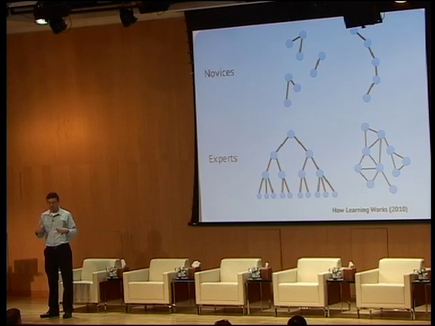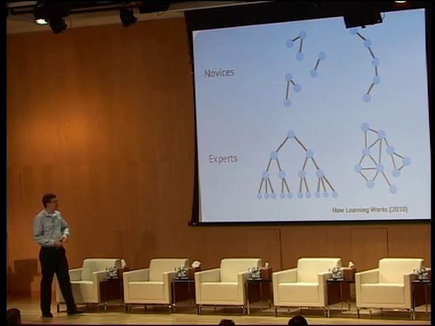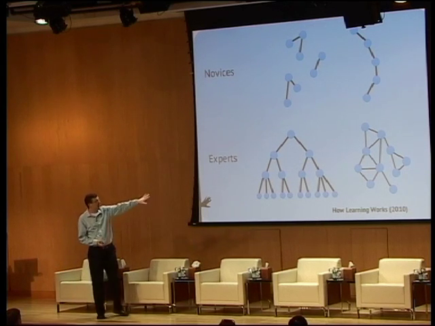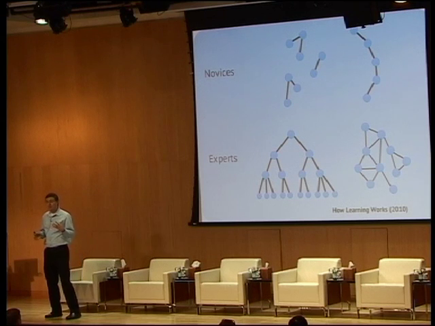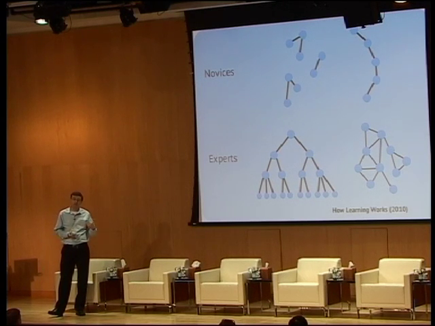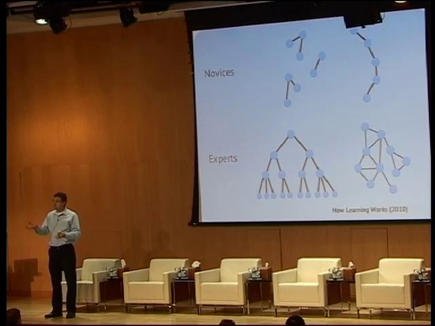Experts, on the other hand, have very well connected mental models. It may be a very hierarchical model. It may not be. But they see ideas and connections among lots of things in the domain. And this is really what drives a lot of adaptive problem solving. If you encounter a new problem in your domain and you're not quite sure how to solve it, you've got to start making sense of the bits of it in terms of what you already know.